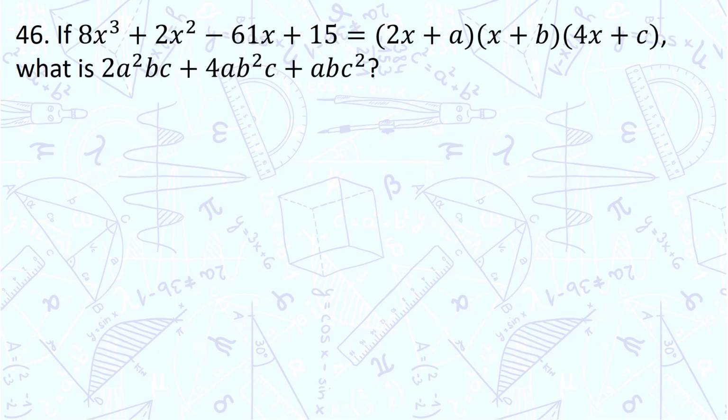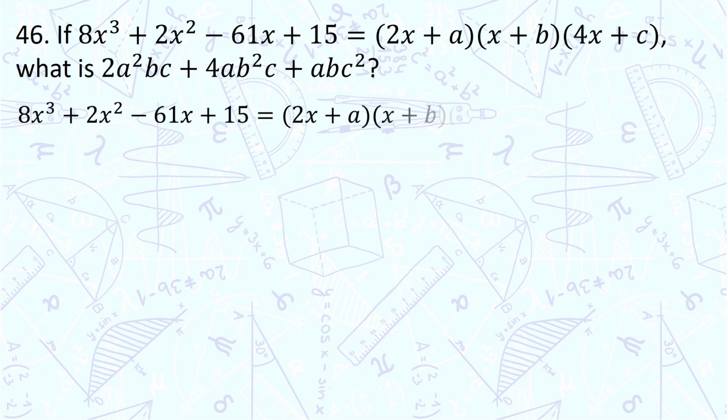46. If 8x cubed plus 2x squared minus 61x plus 15 is equal to 2x plus a times x plus b times 4x plus c, what is 2a squared bc plus 4ab squared c plus abc squared? Let us multiply the right-hand side of the given equation.